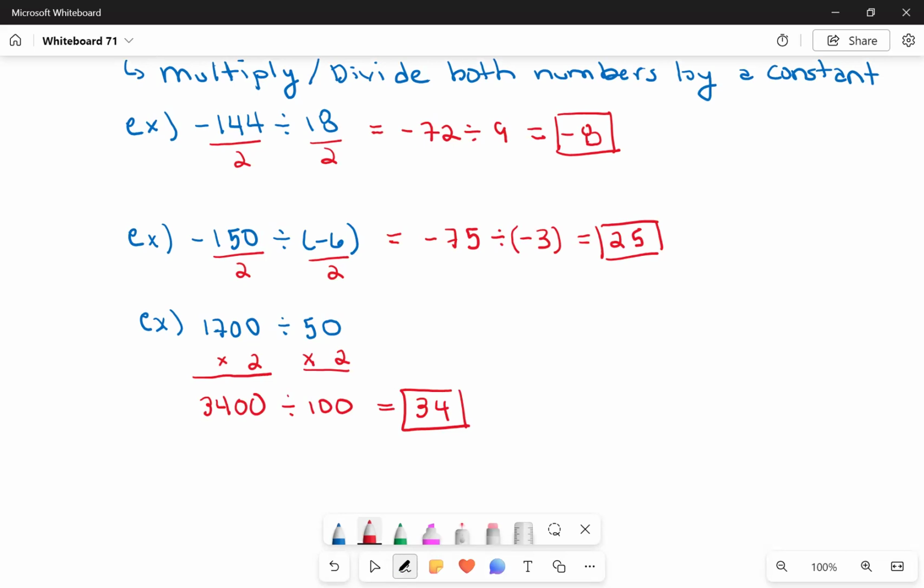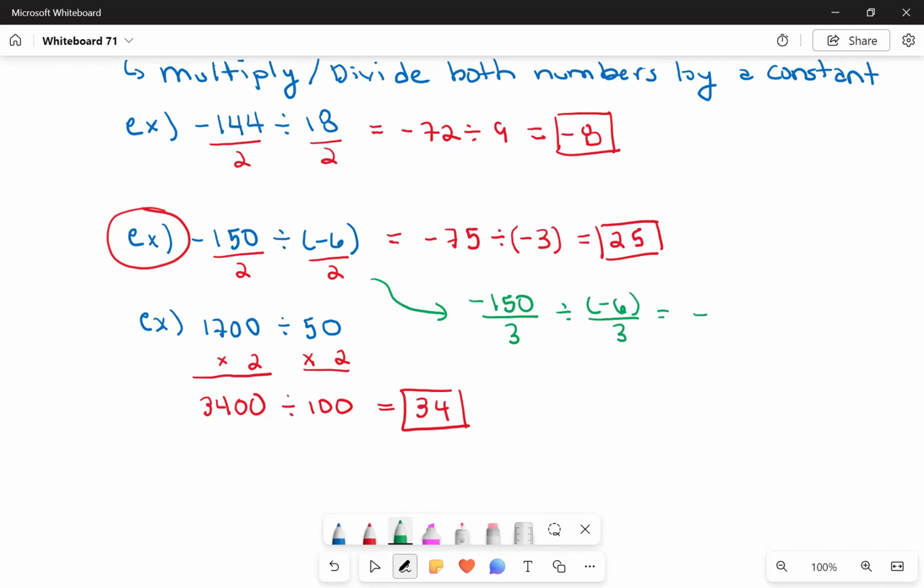It's possible, by the way, for the second example right here, that instead of dividing both the numbers by 2, we could have divided both the numbers by 3. Let me just show you that briefly, in case that's how you saw it. You were like, oh, I would have divided them both by 3. Hey, that would work. If I divided both numbers by 3, that might even work a little bit easier for some.